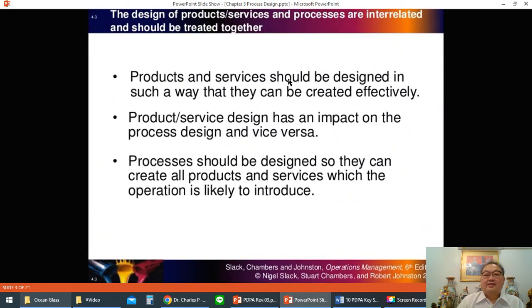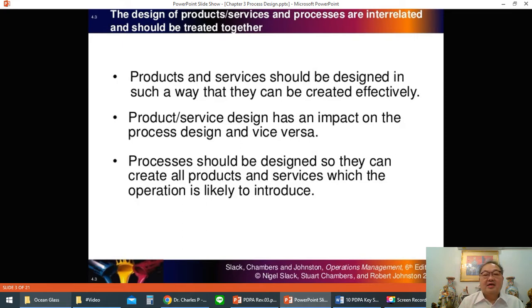Okay. Products and services should be designed in such a way that they can be created effectively. This one is very important. Of course, when you design a process, you would design it as best as you can, as effectively as you can. You won't design a process that is costly for your product or affects the quality of your product, right?